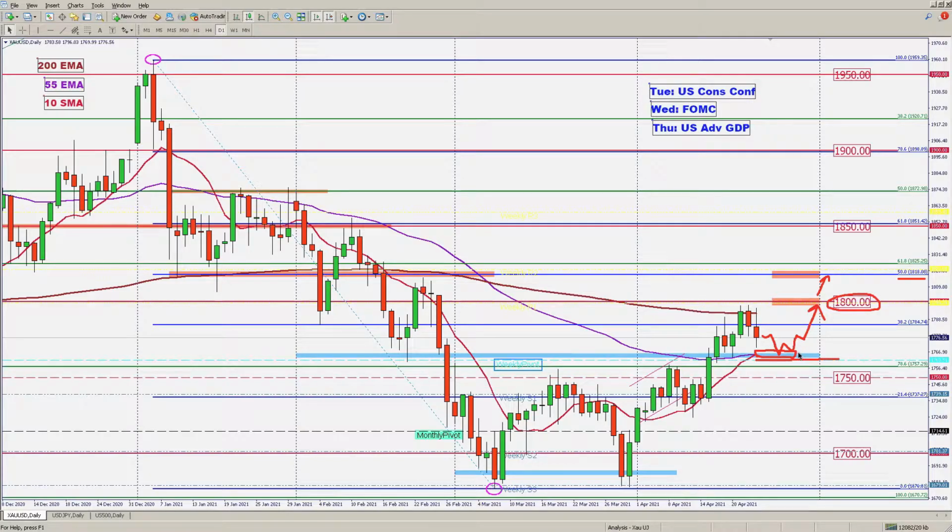And if it does weaken further, then there is still support at the next round figure at 1750, with further support from the 21.5 retracement. And it could also just consolidate for the week between these two major EMAs, the medium term 55 EMA and the longer term 200 EMA.